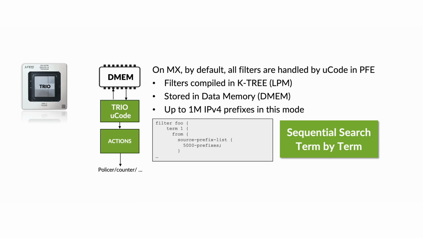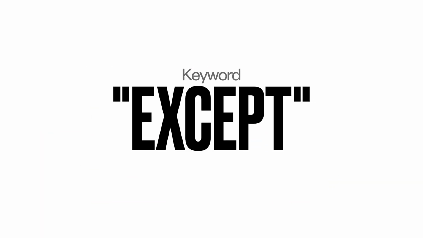For IP matching, we use a dedicated LPM structure called K3, which is the same structure used for packet forwarding lookup. DMEM filter match criteria offer a wide range of options, allowing matches against many packet fields as well as metadata associated with the packet, such as the forwarding class, the SCU or DCU tags. It also supports the except keyword for reverse matches, which can be extremely useful in specific scenarios.